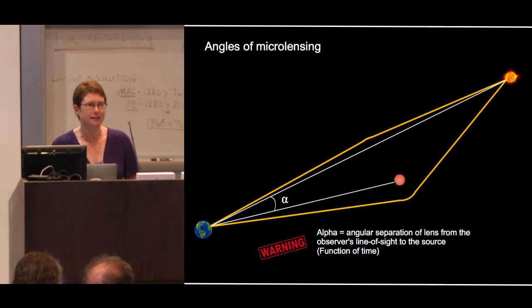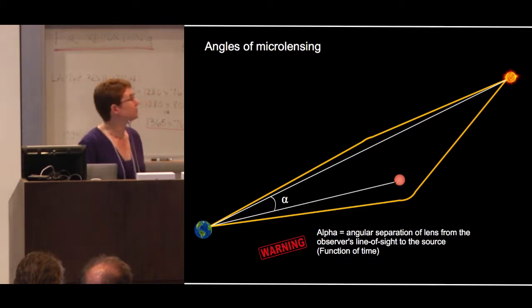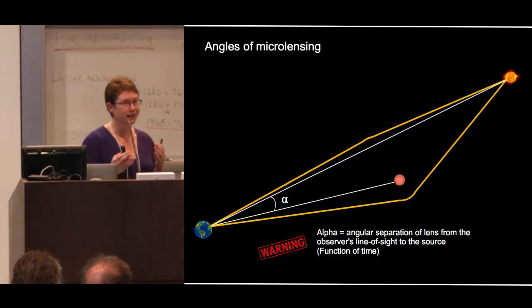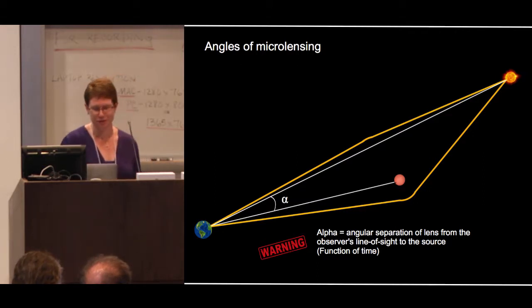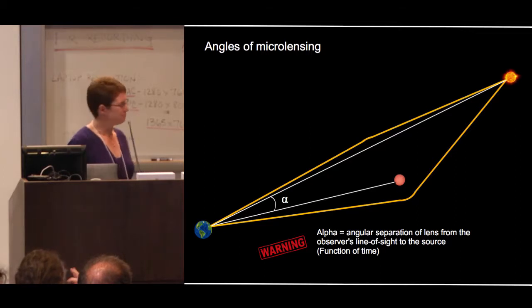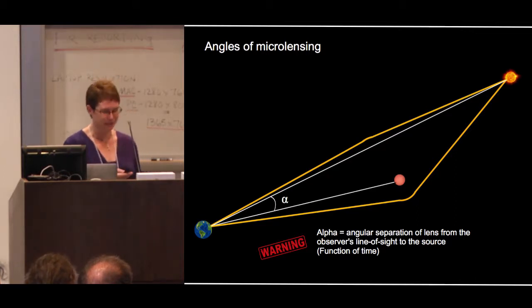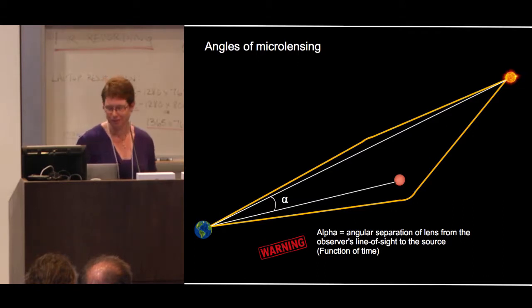I'm afraid that in the early days of microlensing, no two authors managed to agree on the set of symbols that they chose to use. So if you go back to the original papers, you will often see that they used an incompatible set of descriptive symbols. I'm going to use this set. I'm going to give you warnings of when they might not be consistent with other people. I've tried to keep them as consistent as possible, but I will tell you about the standard set that we now use.